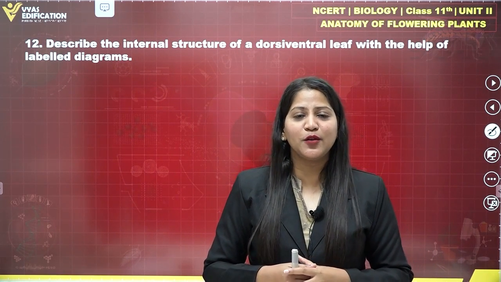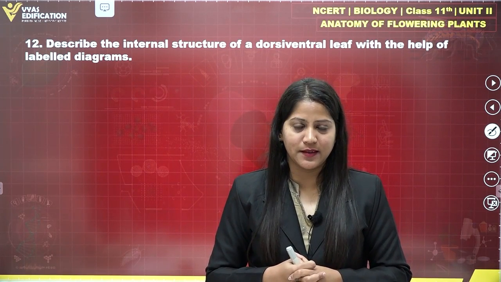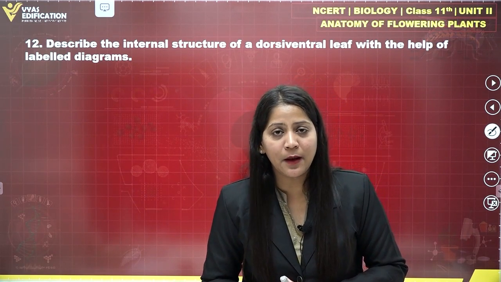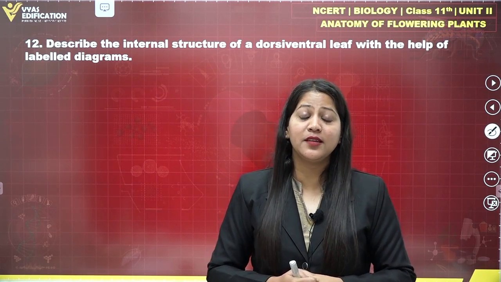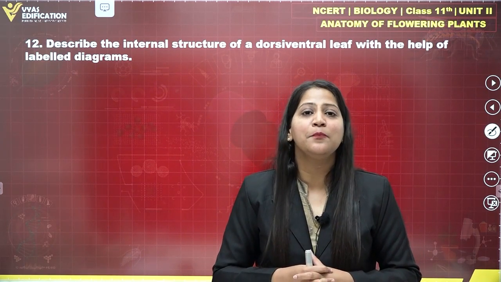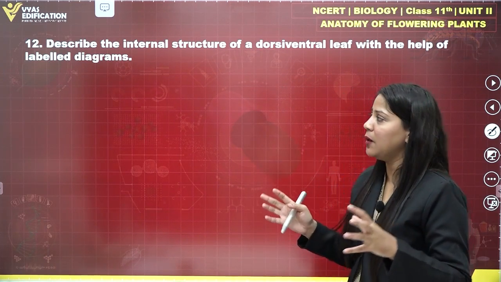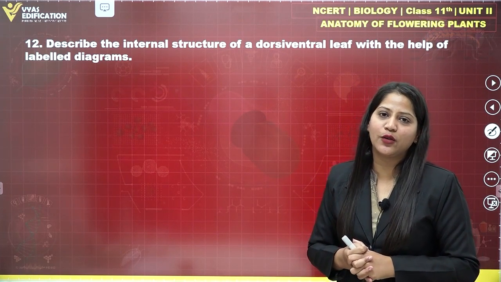The spongy mesophyll cells also have intercellular spaces. Now let's move on to the last part, that is vascular bundle. Vascular bundles are present in dorsiventral leaves, surrounded by bundle sheath cells. So this is all about the description of the internal structure of a dorsiventral leaf.